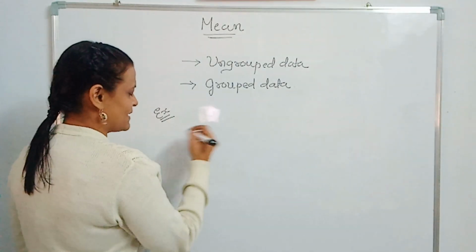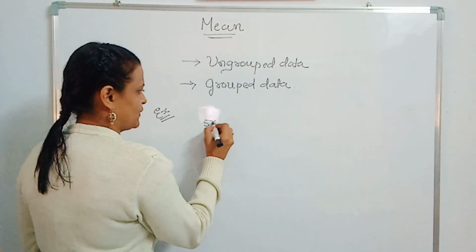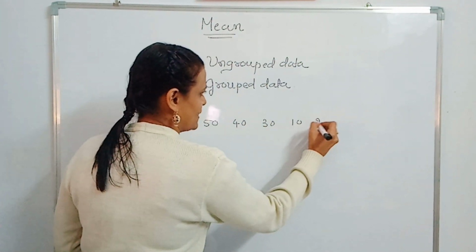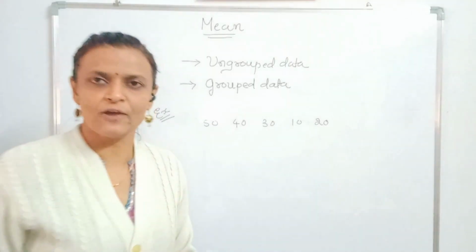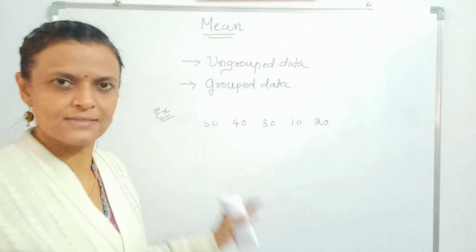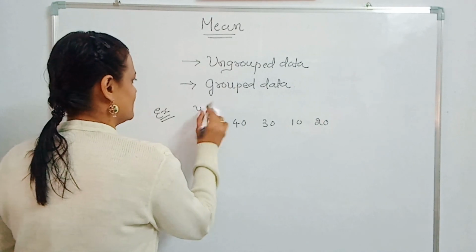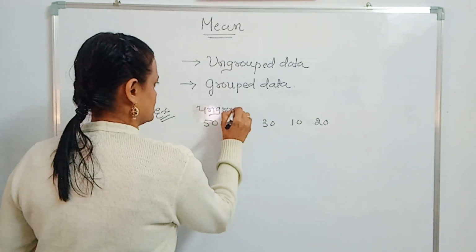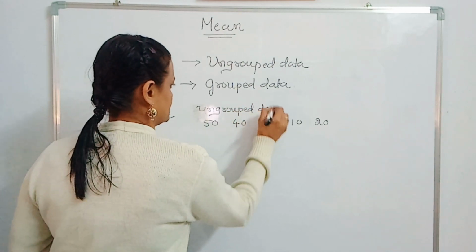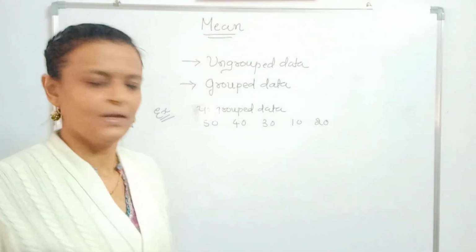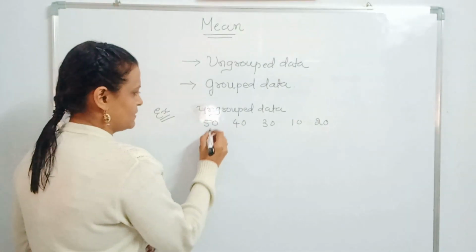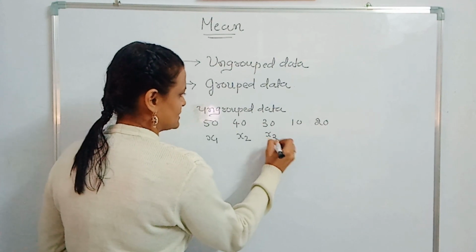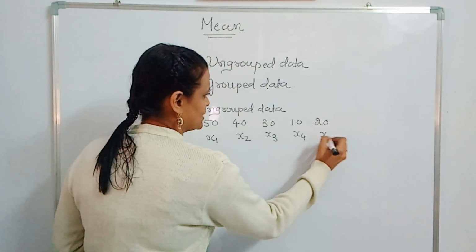Suppose the batsman has scored 50, 40, 30, 10 and 20 runs in the last 5 matches, then we can categorize this data as ungrouped data. Here we can represent 50 as x1, 40 as x2, 30 as x3, x4 and x5.